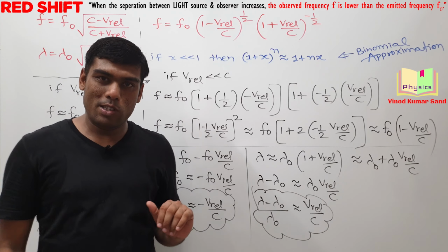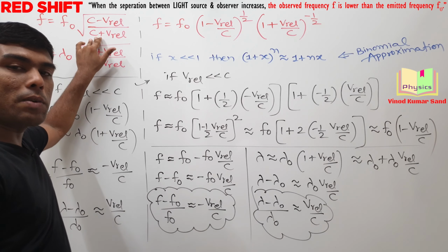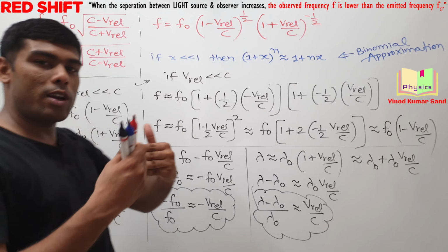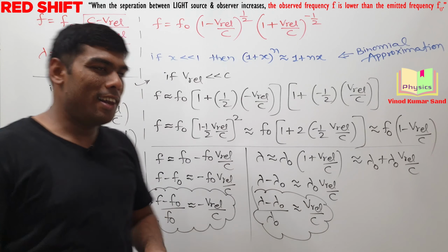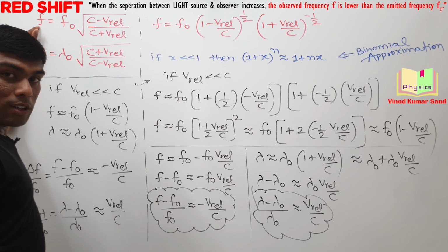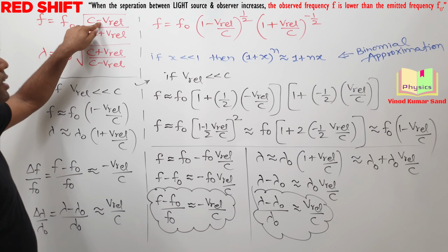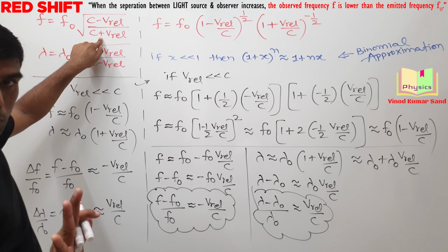In the exam, there should not be any confusion in the formulas. It's simple, it's logical. In this case, what is happening? The source and the observer are moving apart, so the observed frequency will be less. To keep the measured frequency less, we should keep the negative sign here and the positive sign here. Do you agree?